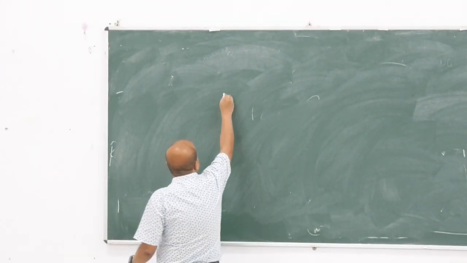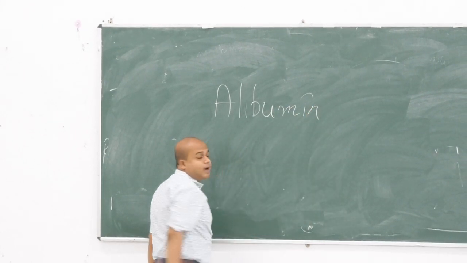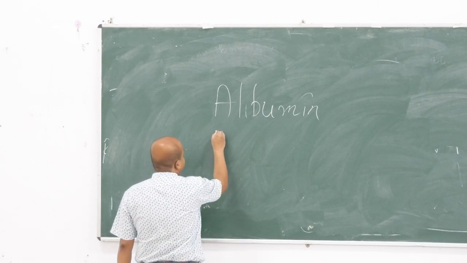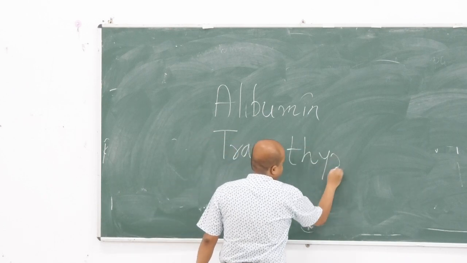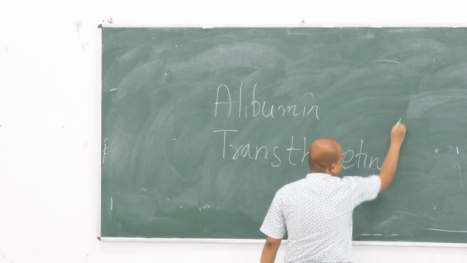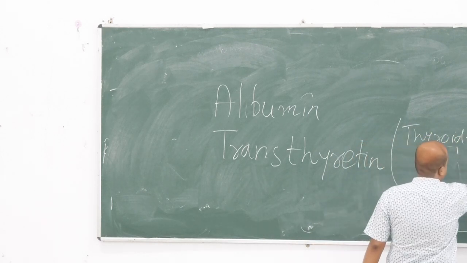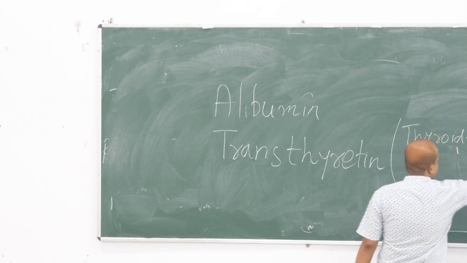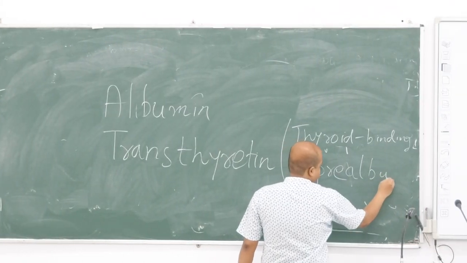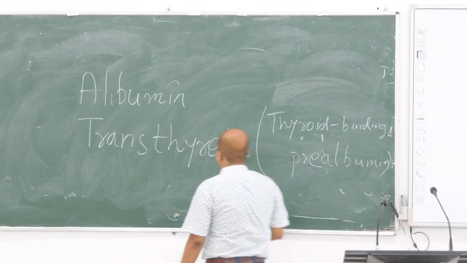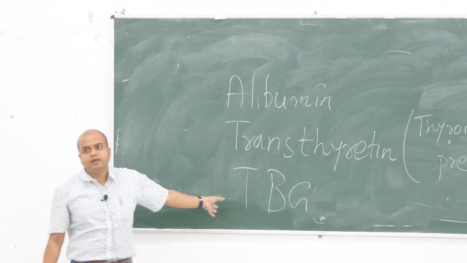And what are the proteins to which the thyroid hormone binds? Write it as TBG, thyroid binding globulin.